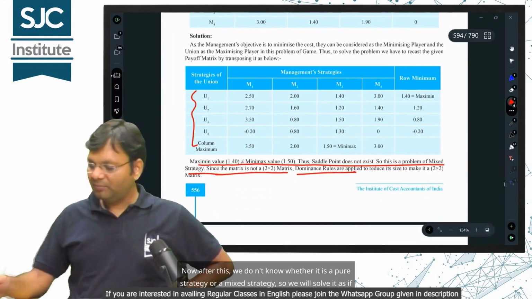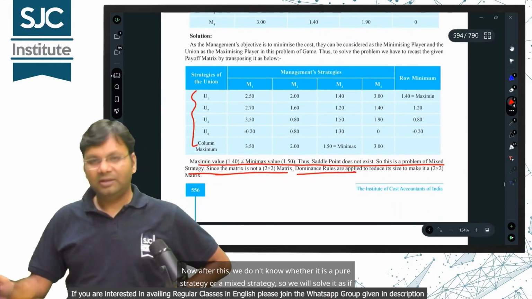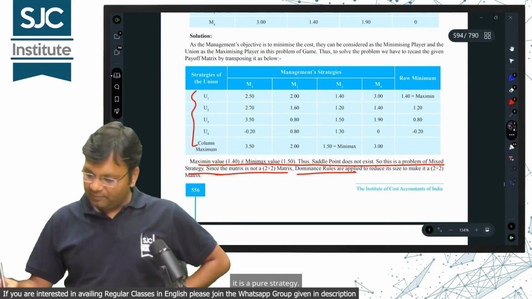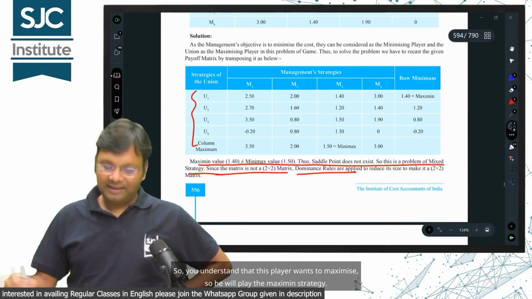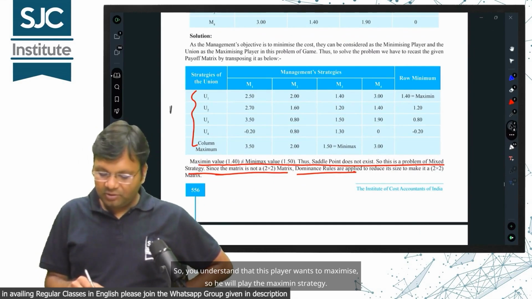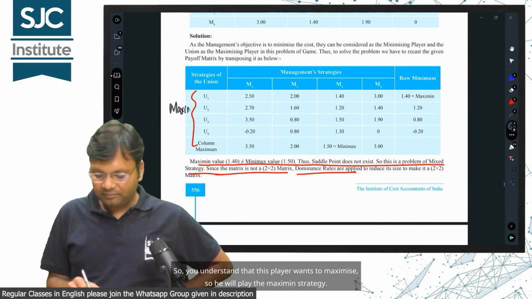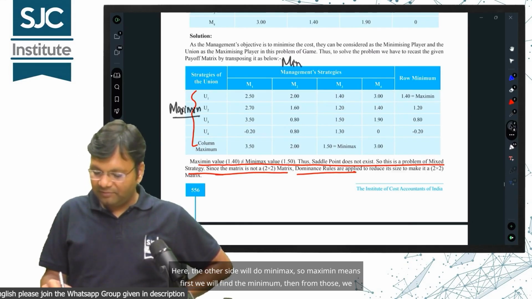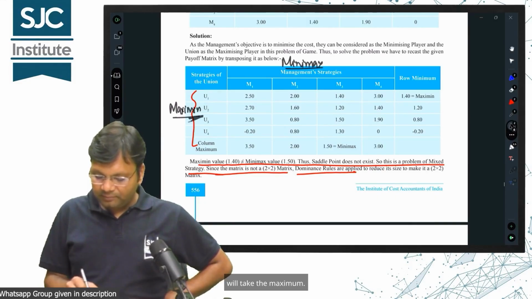Now after this, we don't know whether it is a pure strategy or a mixed strategy, so we will solve it as if it is a pure strategy. So, you understand that this player wants to maximize, so he will play the maximin strategy. Here, the other side will do minimax, so maximin means first we will find the minimum, then from those, we will take the maximum.